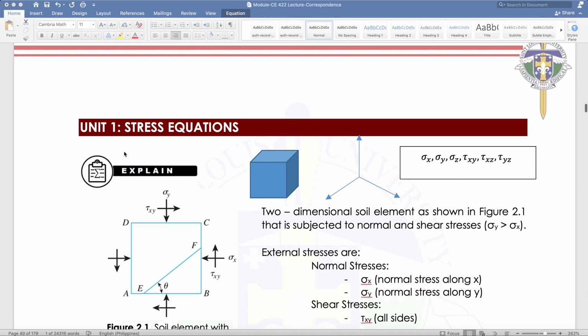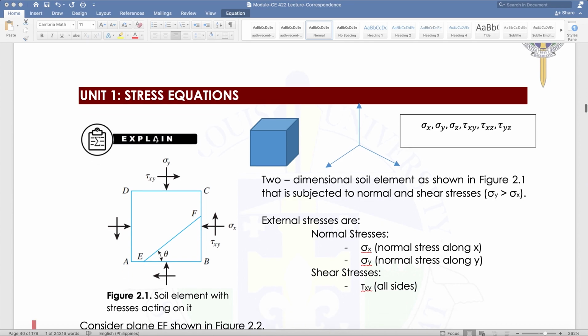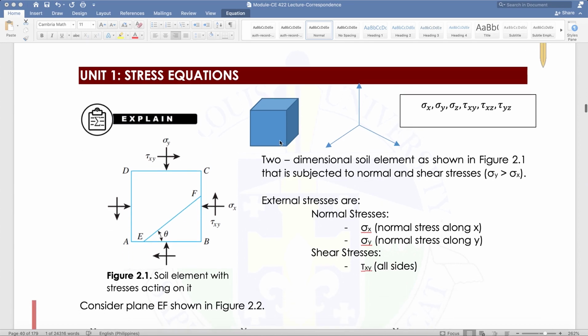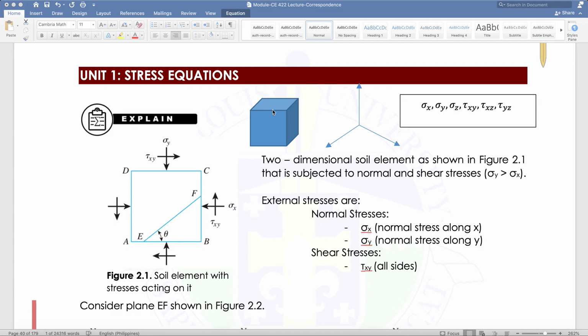So for unit number 1 for this video, we are going to focus on the stress equations. Before we proceed with 2-dimension, let us first try to understand the 3-dimension. For example, we have here a soil particle in 3-dimension. We know that in 3-dimension we have three axes: the y-axis, the x-axis, and the z-axis.